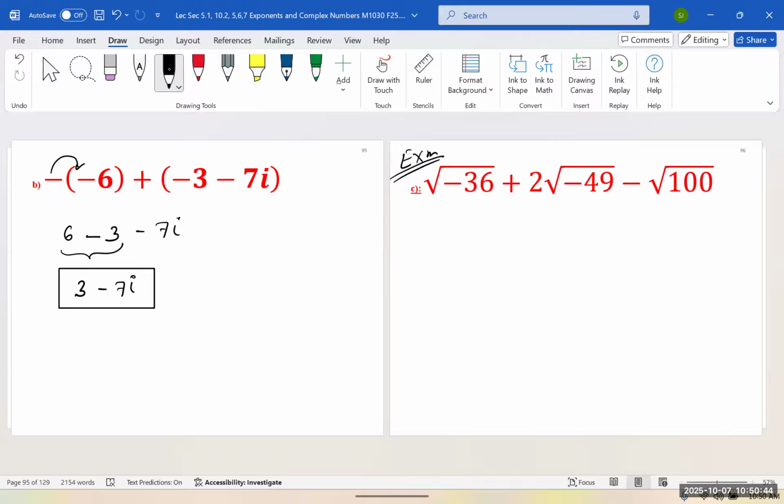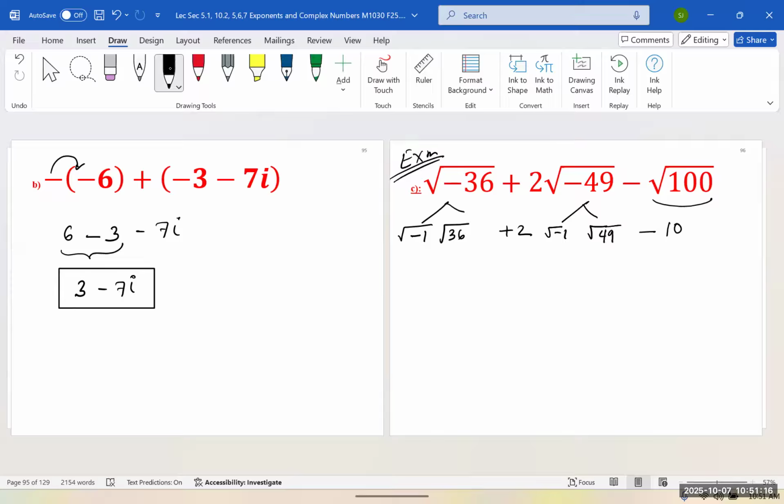Any idea? So -1, positive 36. Here we have 2, -1, positive 36. Oh, 49. And what is square root of 100? You don't have to break it down.